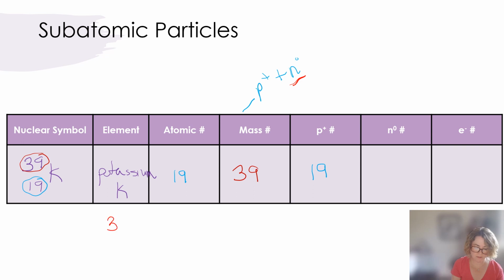I know that I have 39 neutrons and protons, and if I subtract out the number of my protons, that will give me the number of neutrons, which is 20. And we are talking about a neutral atom here, so the number of electrons and protons is going to be the same, so that is going to be 19.